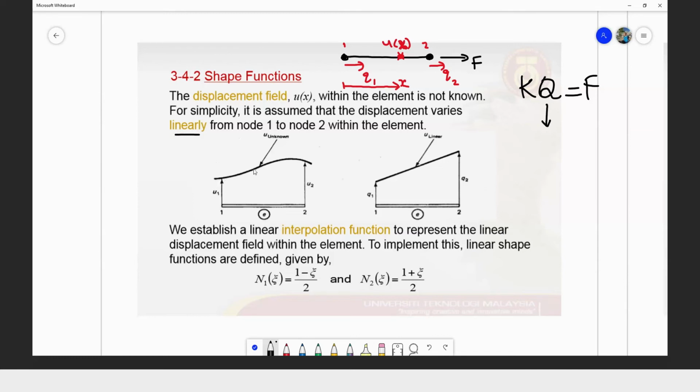Physically dia mungkin berubah macam gini kan. Tapi in our case we assume apa yang berlaku pemanjangan sepanjang kita punya elemen ni, di antara dua nodes ni, dia berubah secara linear. Okay, since we assume the displacement varies secara linear, then we can establish a linear interpolation function to represent the linear displacement.